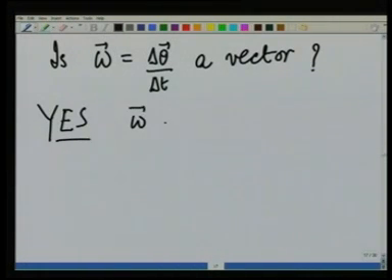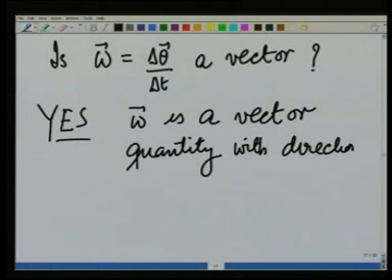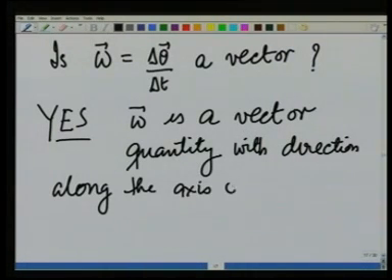Omega is a vector quantity with direction along the axis of rotation, and the sense is again the right hand rule. If something is rotating like this, the thumb gives me the direction of omega.